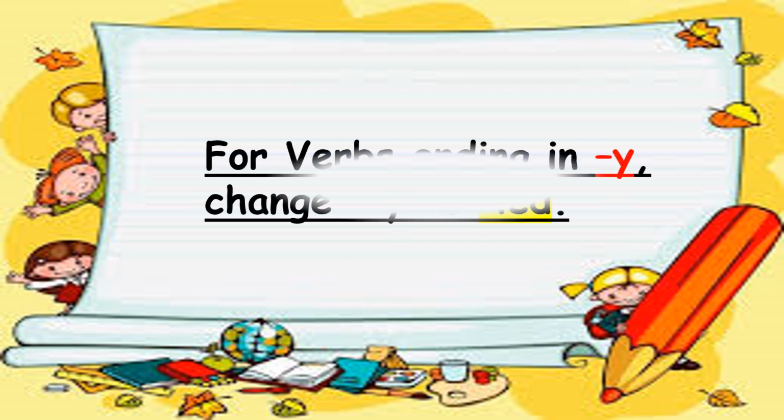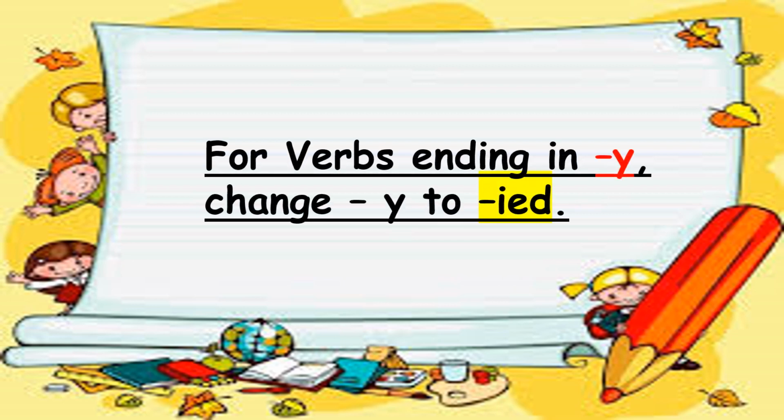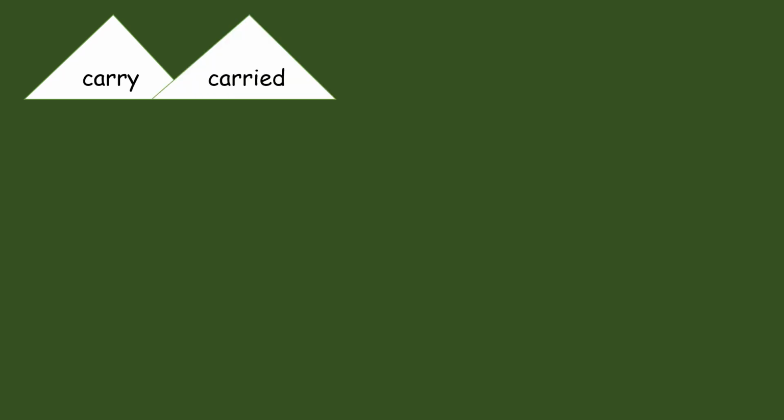There are some verbs ending in Y. In forming the past tense, you have to change the letter Y to IED. This rule does not apply to the verbs play and buy. Here are some words ending in Y that in forming the past tense, you have to change the letter Y to IED. Carry, carried. So change Y to IED.